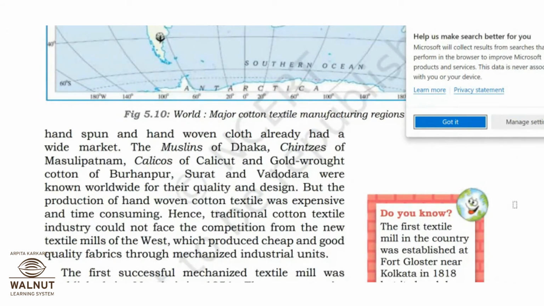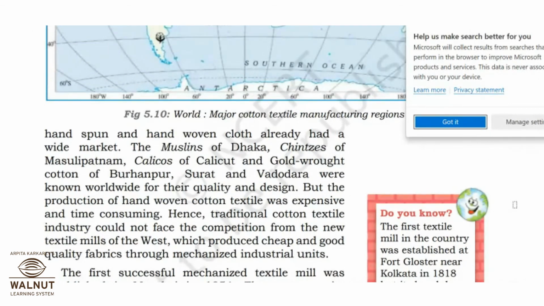And since it was made by hand, it had a lot of value. It was very, very precious. It was not a cheap item, it was a very valuable item. But after the industrial revolution, people realized that the same kind of thing can be made on a machine in a short span of time, and a lot of it can be produced together. Things become cheaper, right?